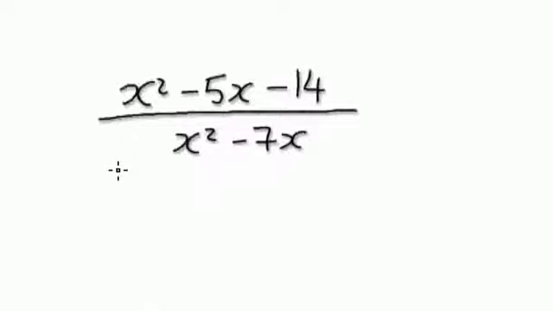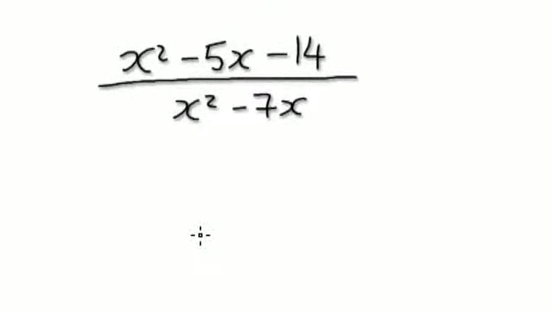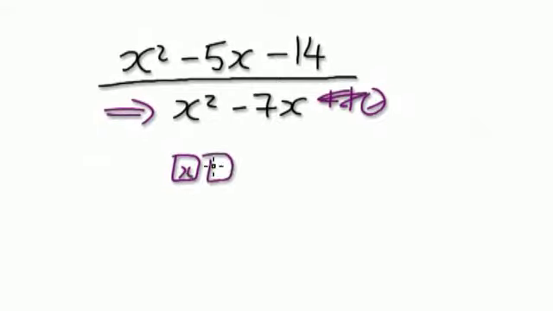Okay, next one. Try to simplify this one. Remember, normally we have another number at the end, let's say 10 here. But because there's no 10 in here, this is actually easier to factorize. If you look at this, you've got x times x, and then you've got 7 times the x here.